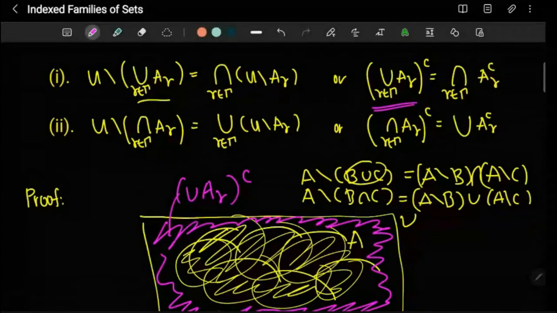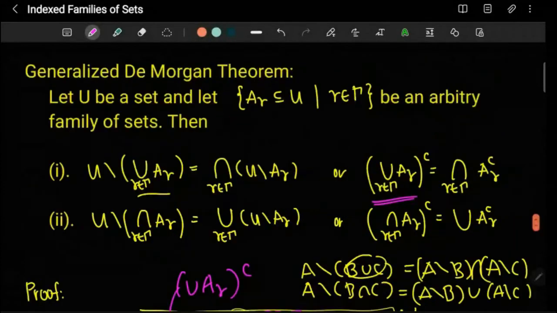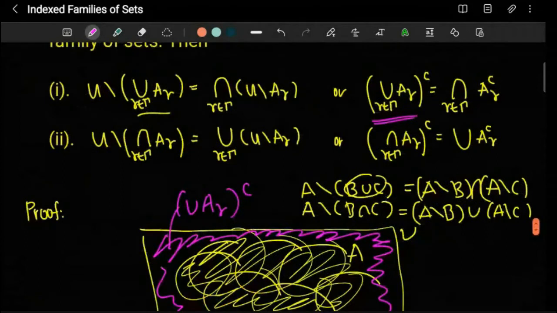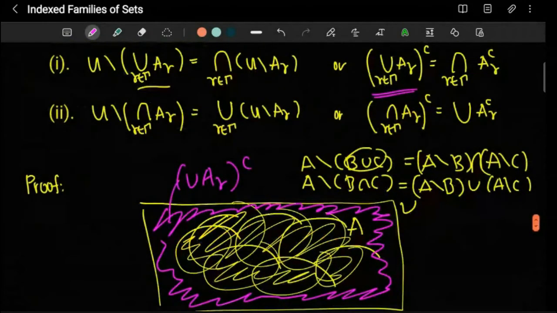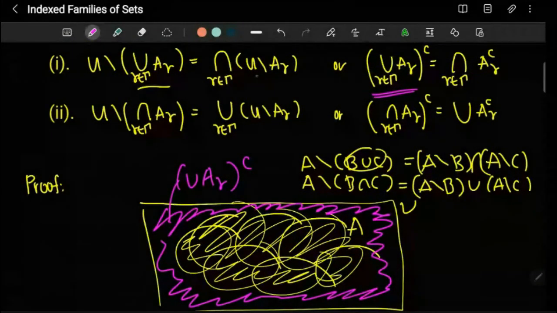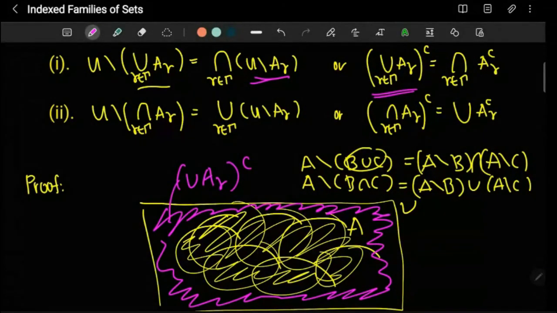Now, what De Morgan is saying is that it is also equal to get the complement of each first. Kunin mo muna yung complement ng kada isa. Let's do it in two sets muna para hindi nakakalito.